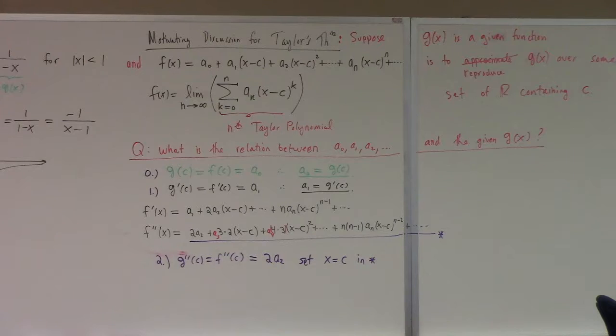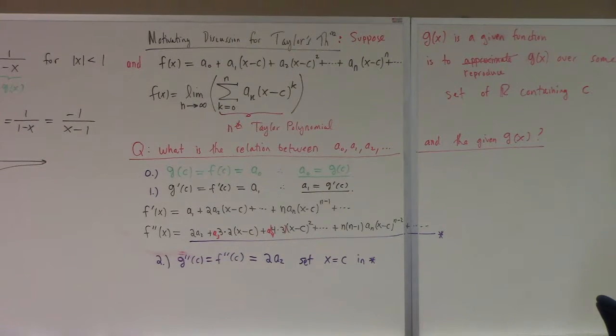What happens when we go to the third derivative of the power series? We've got 3 times 2 times a3 plus stuff.